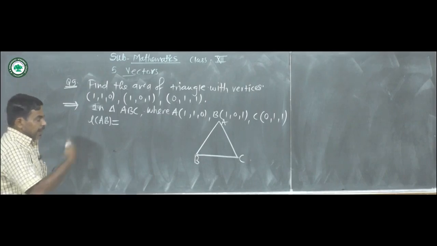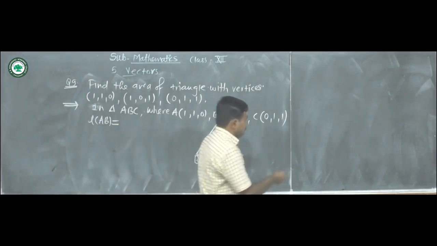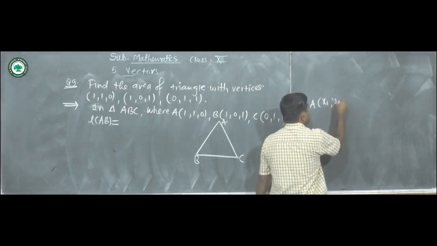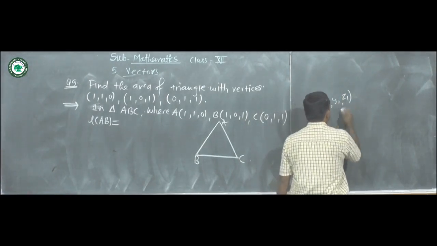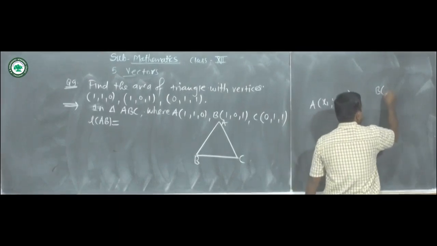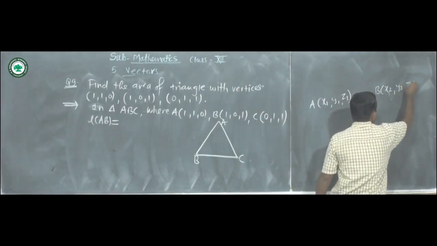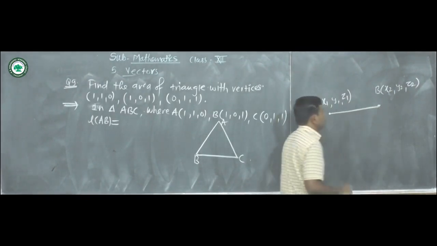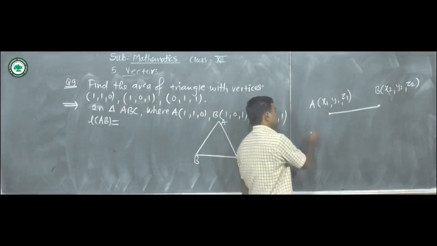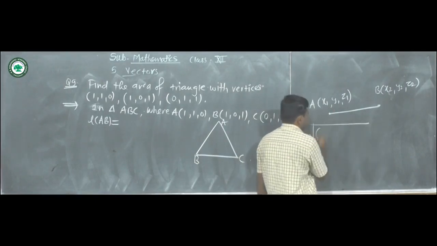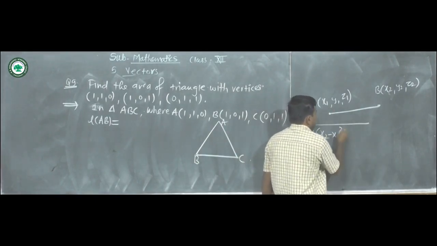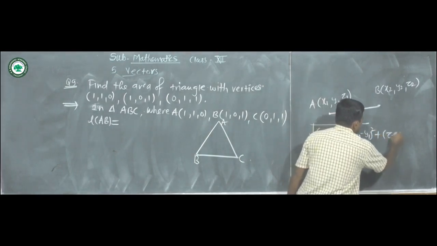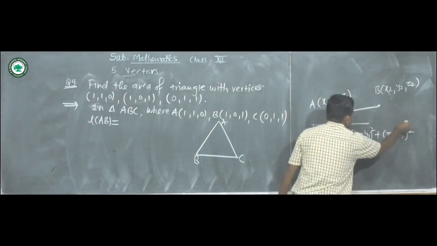In the previous lecture we have seen, if we have two points in space (x1, y1, z1) and (x2, y2, z2) and we want to find the distance between them, the formula is square root of (x2 minus x1) squared plus (y2 minus y1) squared plus (z2 minus z1) squared.